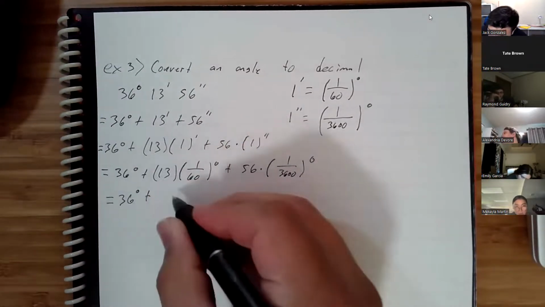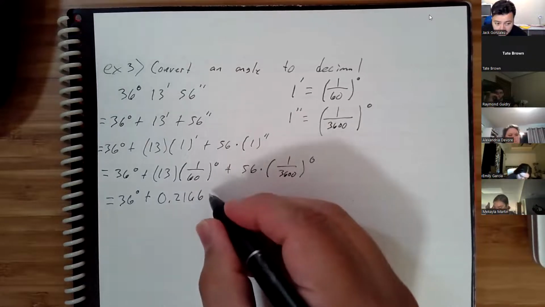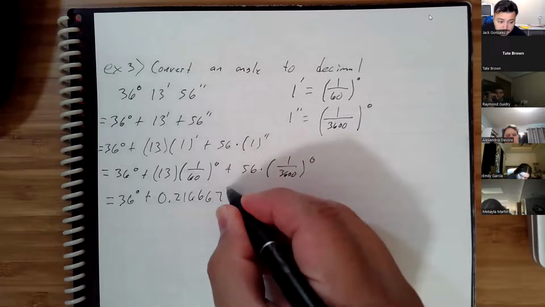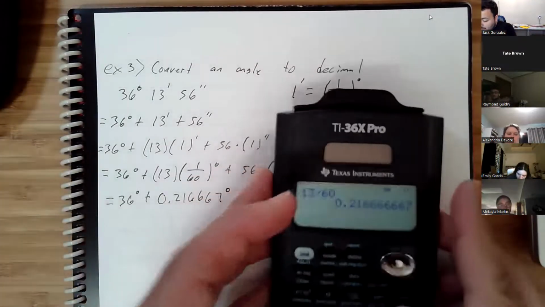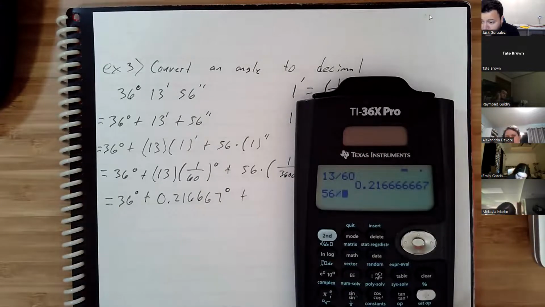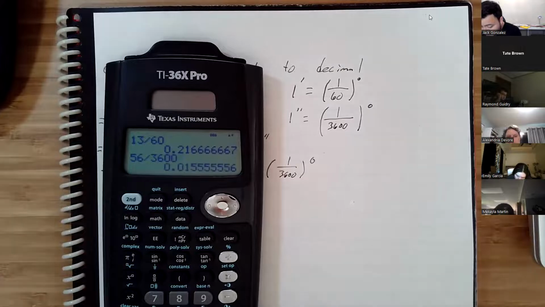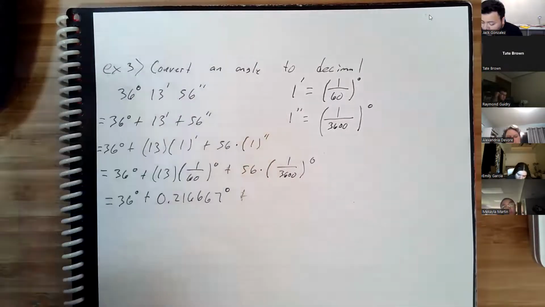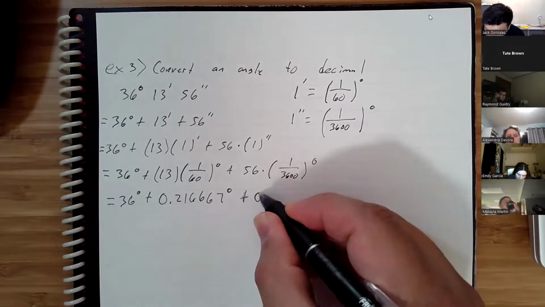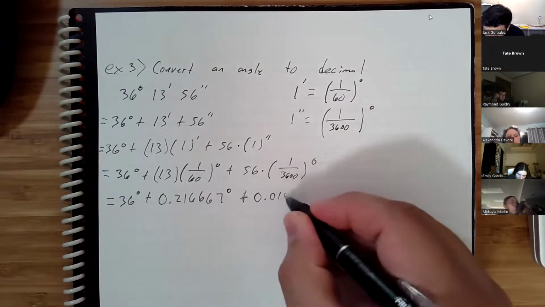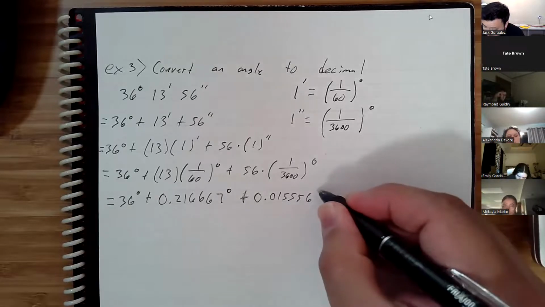Plus 0.216667, right? Who cares? Plus, now do the other one. That'll be 56 divided by 3,600. So we'll just add that piece. I haven't decided how much to round to yet, but we'll figure it out. Keeps on going forever. I'll stop it there.